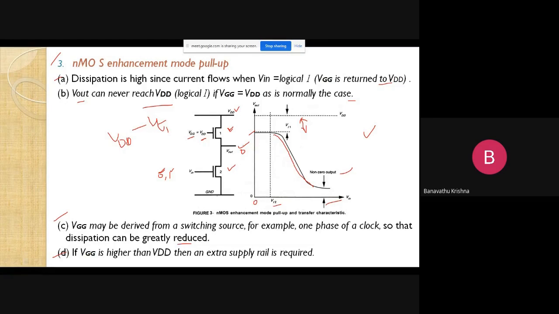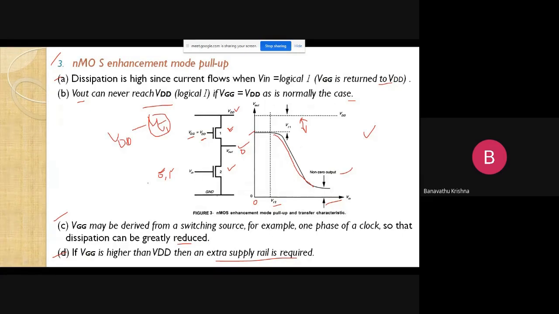Then an extra supply is required to give this gate a response higher than VDD. Only then do we get the output without the drop of the threshold level of the pull-up transistor. Then only do we get the maximum response at the output side when applying input.